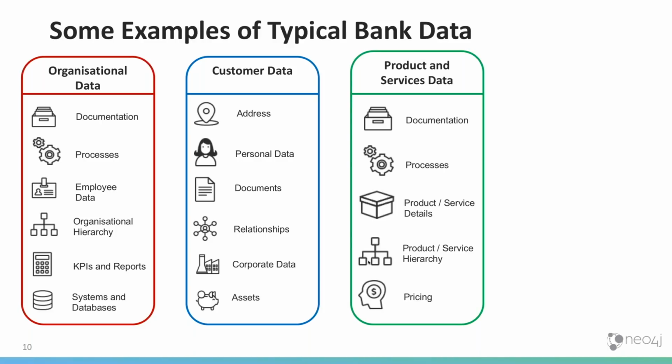Next, we have data about your products and your services. So again, you have documentation about those products and services, processes related to them. What is the process that you go through when someone applies for a current account or a mortgage? You have the details of specific products and services, as well as the hierarchy.